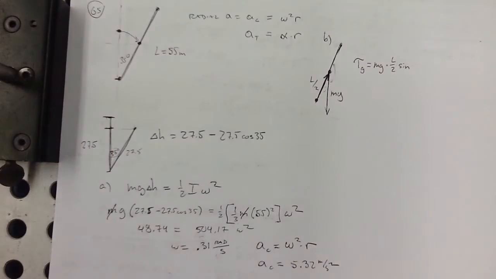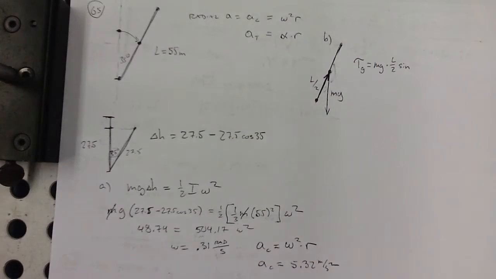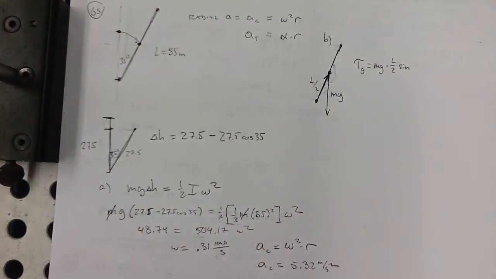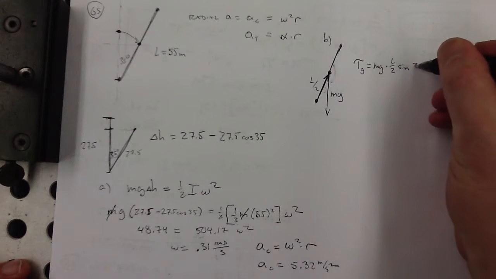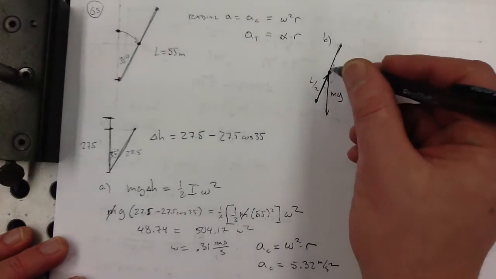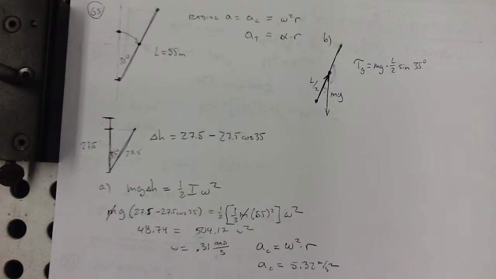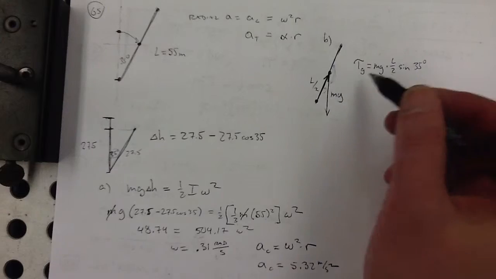When you say the angle between two vectors, it's like the two vectors are the hands of a clock, coming from the same point like they would in a free body diagram. But the sine of 35 and the sine of 145 degrees are actually the same. You can think about the unit circle and convince yourself that that's true. So you can use the 35-degree angle. Either angle between them will give you the same sine value. All right, so that's how I find the torque.